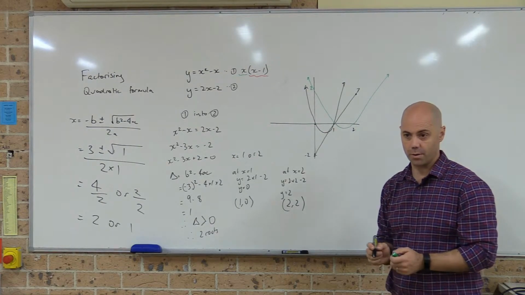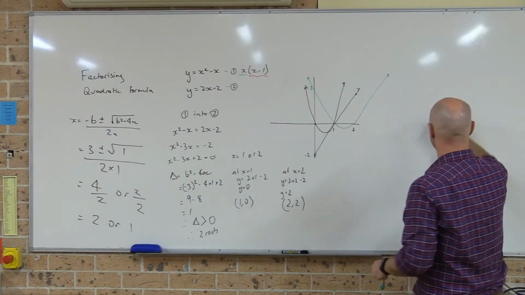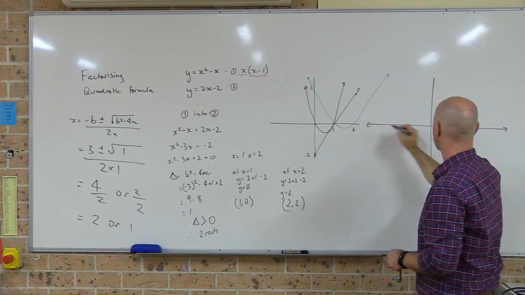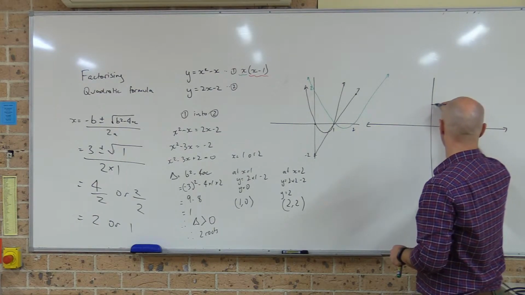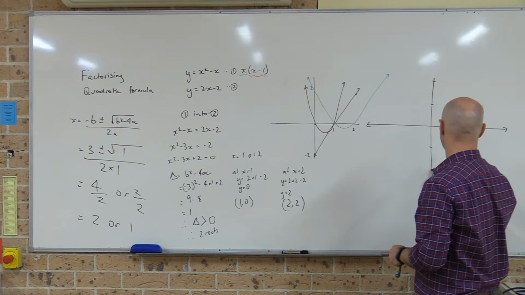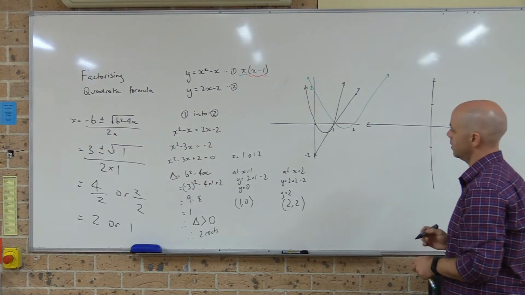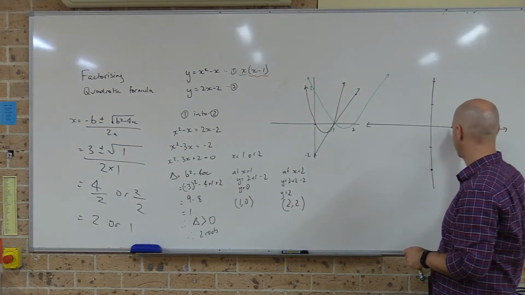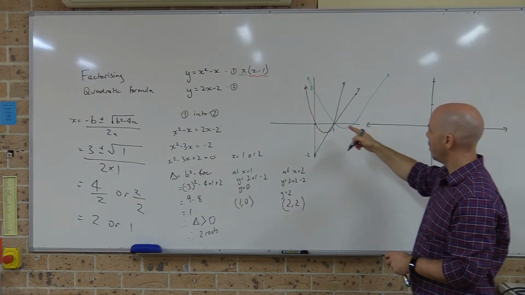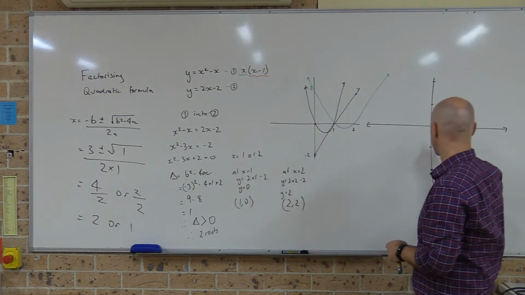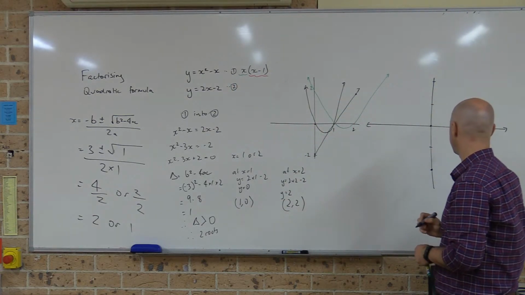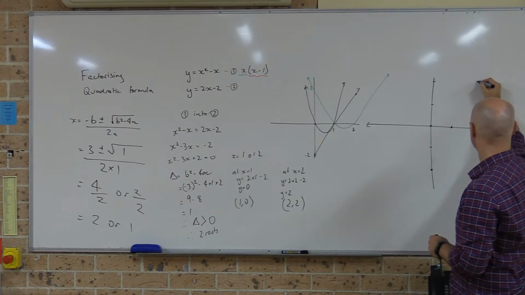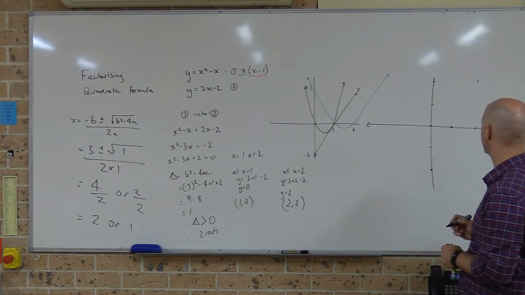Now, do you want me to try and draw it better? Yeah, I'll maybe try and just draw it. Alright, so I do know this one crosses the y-axis at -2 and the x-axis at 1. I know this one crosses the x-axis here and here, and I know that the two of them cross up here at 2, 2.